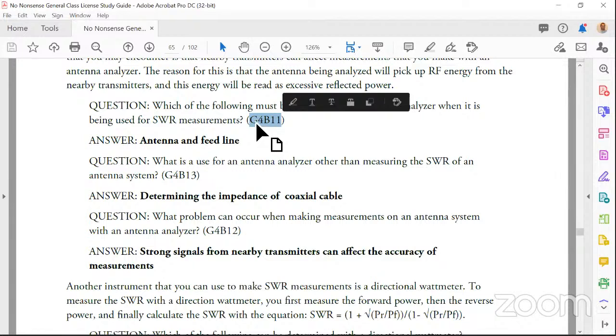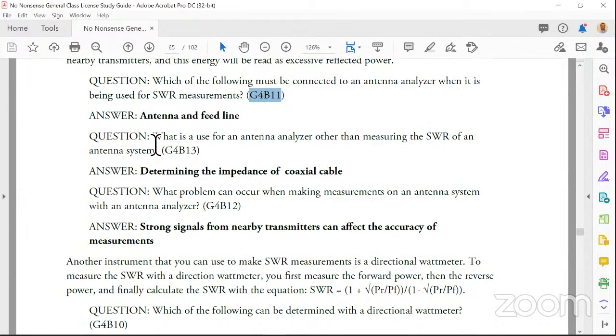But if you want to find the relevant question in the question pool associated with this and see what the distractors, the wrong answers are, you can just search for this, Control F on the PDF, and type in or copy and paste G4B11, or in phonetics, Golf 4 Bravo 11, in your PDF finder, and it will take you straight to that question in the question pool, and you'll see all of the choices A, B, C, and D, and you will be able to see what the wrong answers, the distractors, are just for your reference.